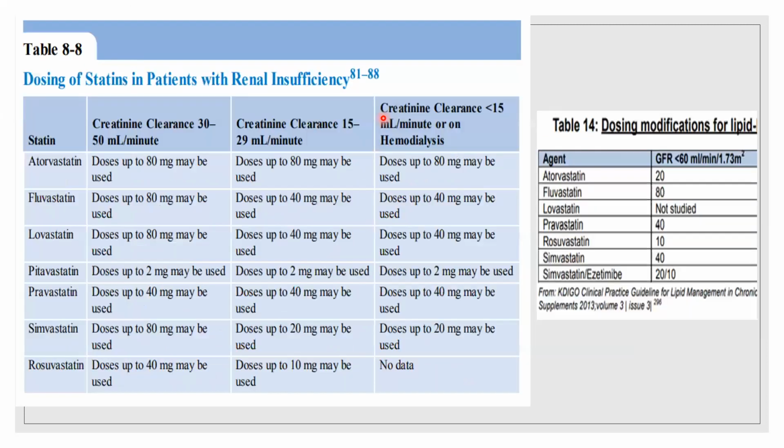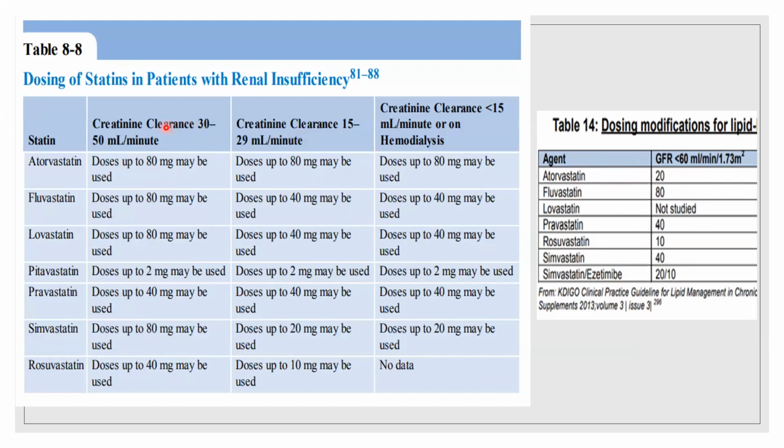So atorvastatin, fluvastatin. Here we have a different table, from the Malaysian guideline. For a patient with GFR less than 60, we actually limit the dose of atorvastatin to 20, and the others like simvastatin to 40.